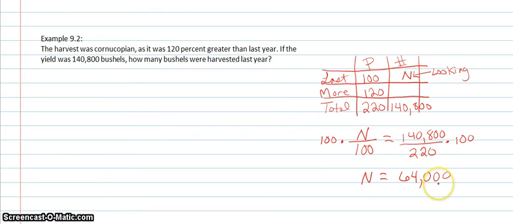And that is the number of bushels harvested last year. So we'll label that bushels. Alright, and that is the end of example 2 on lesson 9.